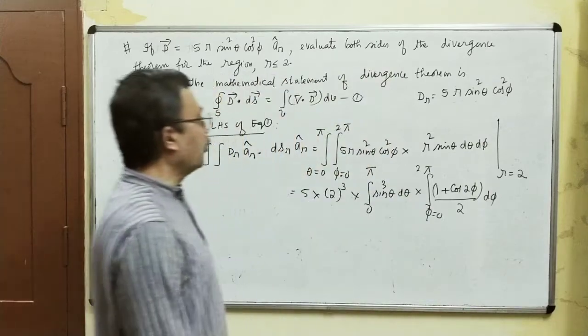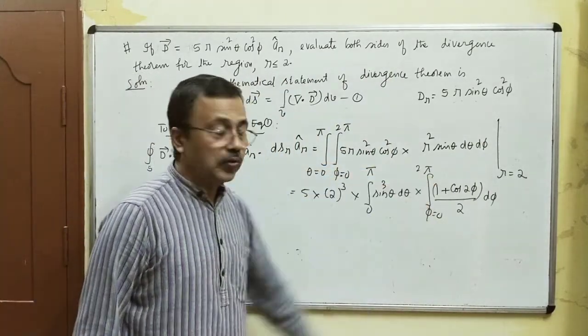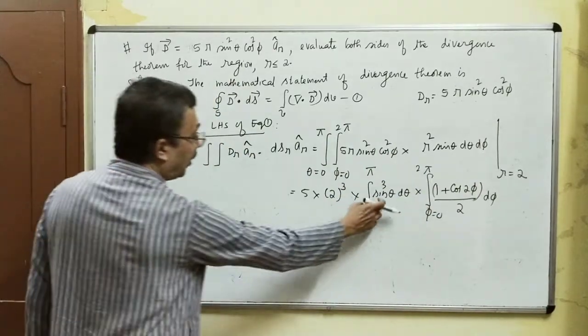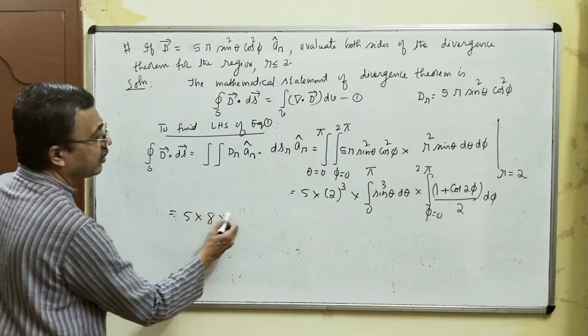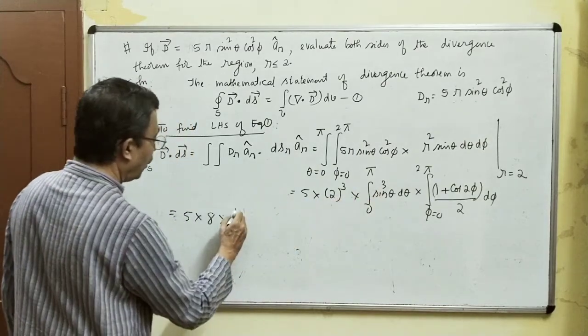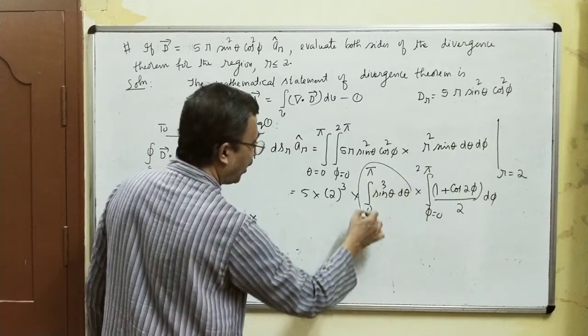I made use of the expression cos square phi is 1 plus cos 2 phi by 2. This is a standard integral. So this is 5 into 2 cube is 8. The standard integral gives a value 4 by 3. Please remember this value. This comes even in antenna engineering.